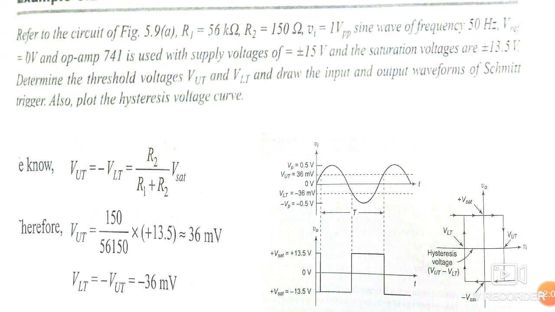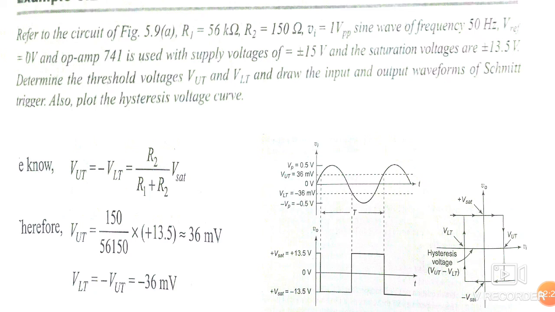So this is the input waveform, and this is the output waveform. As long as the sinusoidal voltage is below 36 millivolt, that is VUT, the upper trigger voltage, the output was minus Vsat.